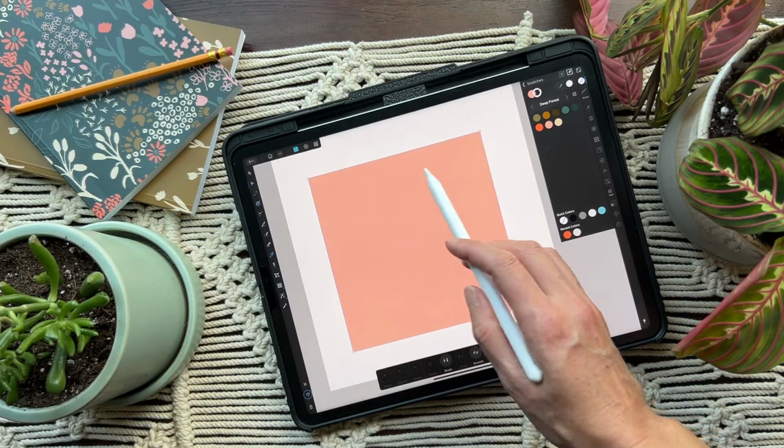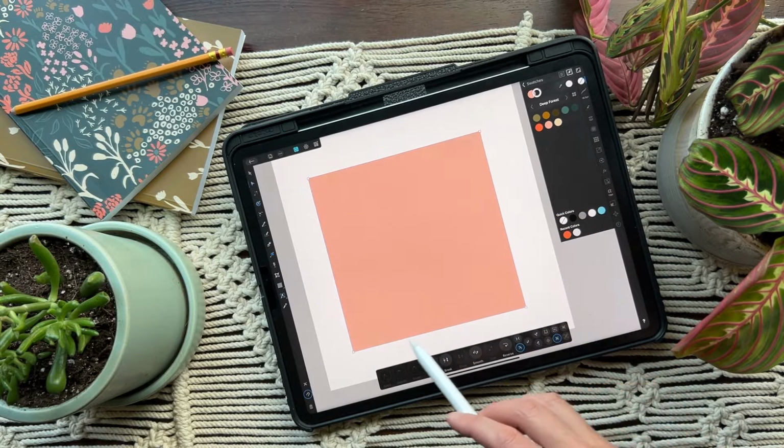Now, vectors are completely different. Forget about the squares. Vectors are little shapes made of points. So rather than being made of little squares, vectors are made up of mathematical points. So the mathematical points for a square would be like 1, 2, 3, 4. And no matter how big or small we make that square, that is always the formula, right?